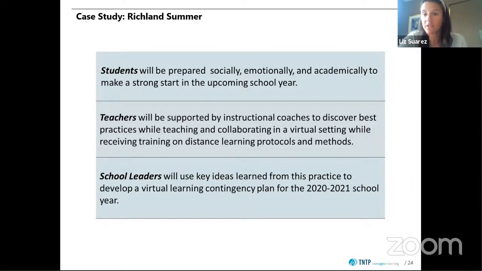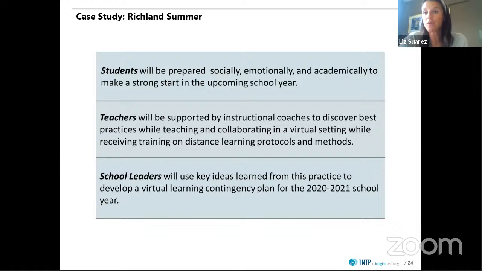They're going to do a virtual summer school, and the goals of it are as follows: that students will be prepared socially, emotionally, and academically to make a strong start in the upcoming school year; that teachers will be supported by instructional coaches to discover best practices while teaching and collaborating in a virtual setting, while receiving training on distance learning protocols and methods; and that school leaders will use key ideas learned from this practice to develop a virtual learning contingency plan for the 2020-2021 school year.